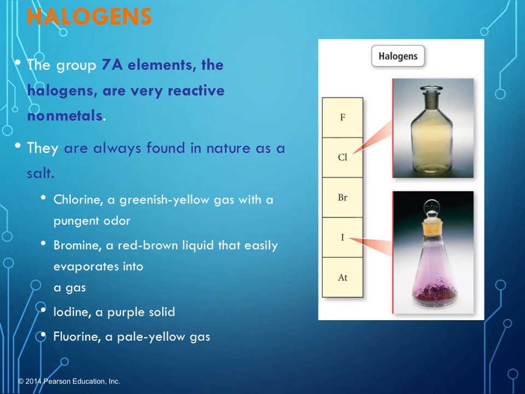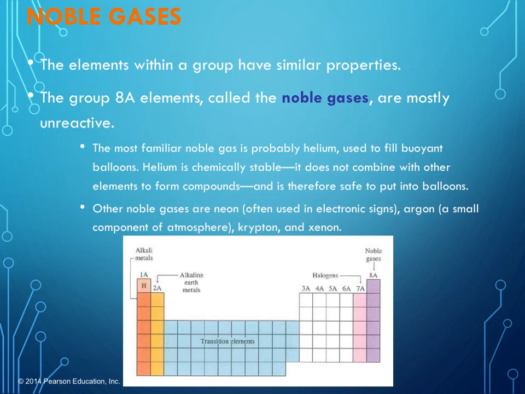Skip over to the halogens. It's group 7A, and they're nonmetals. That's to the right of the stair step, and they're very reactive, and they, not surprisingly, tend to react with the metals in group 1A, which you will learn. And finally, the last group that I want you to be aware of are the noble gases.